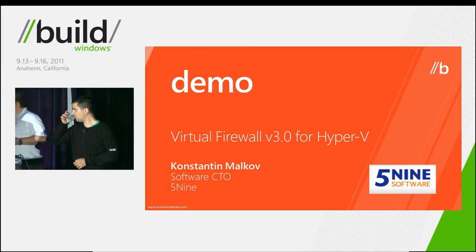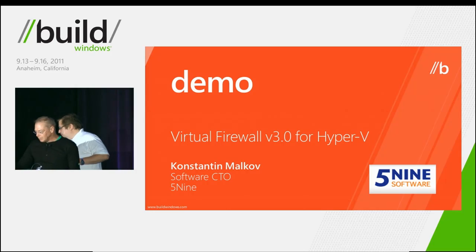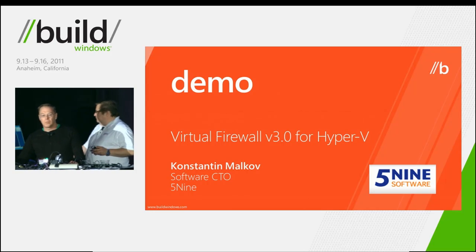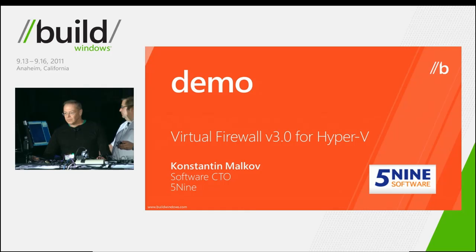The Windows Filtering Platform, WFP, is an API that is used for building firewalls on the host. One of the things we've done in Windows 8 is bring WFP into the virtual switch so that you can put firewalls in there.